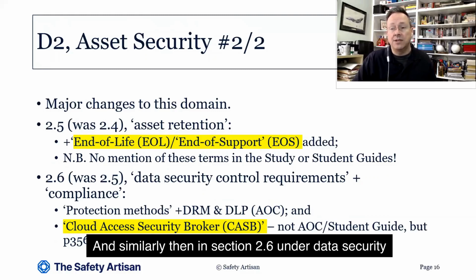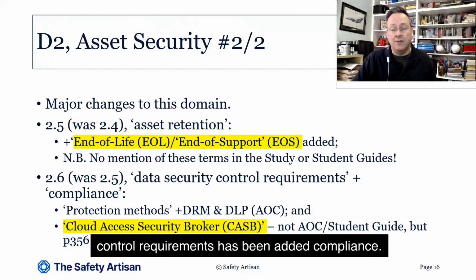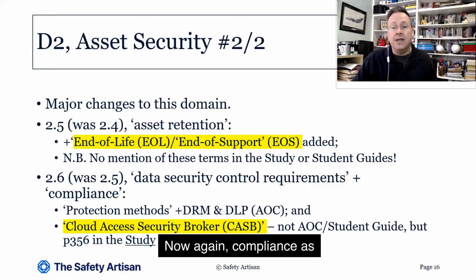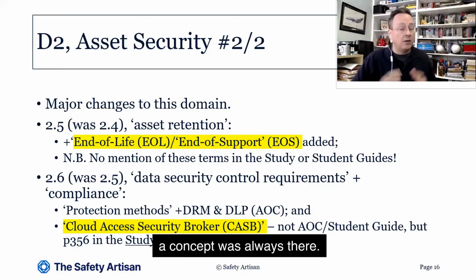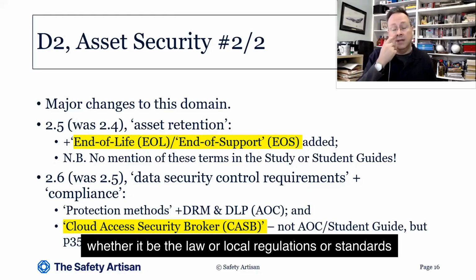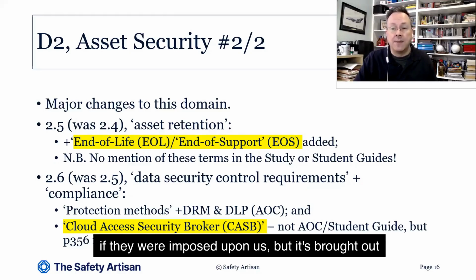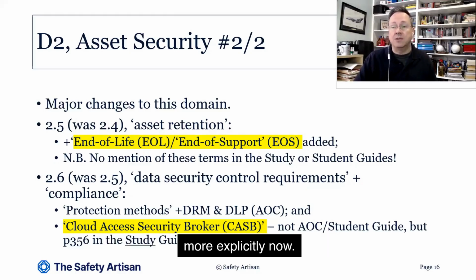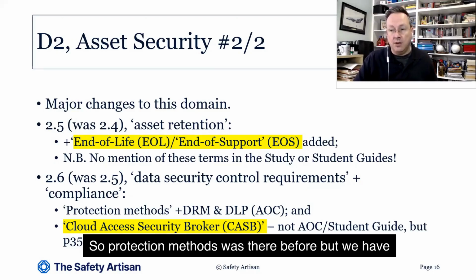And similarly, in section 2.6, under data security control requirements, compliance has been added. Now, again, compliance as a concept was always there. We always had to be compliant with things, you know, whether it be the law or local regulations or standards if they were imposed upon us. But it's brought out more explicitly now.